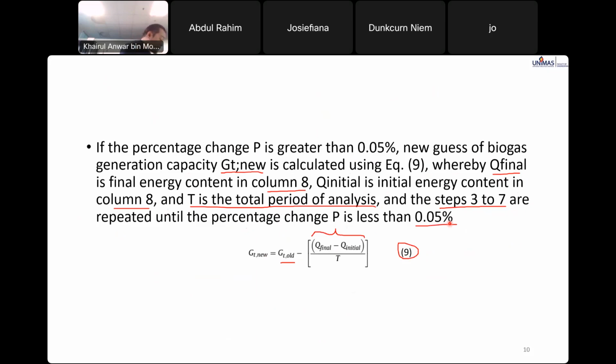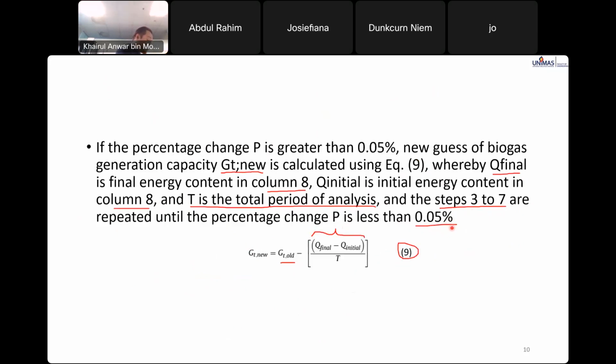Then calculate back the net gas energy NT, charging and discharging energy CT DT, and cumulative energy QT.